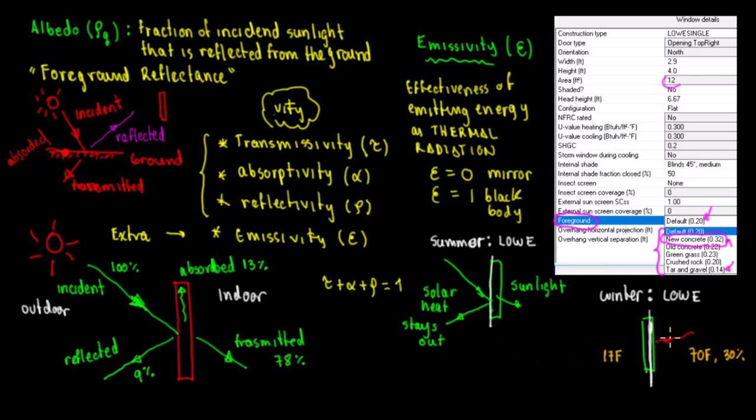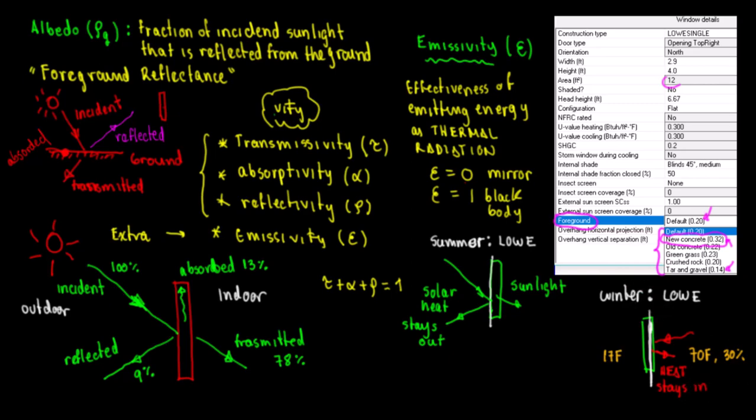However, because of this low E, not all the heat is going to get out. The heat is going to bounce, and some stays in, because of this property of the low E.